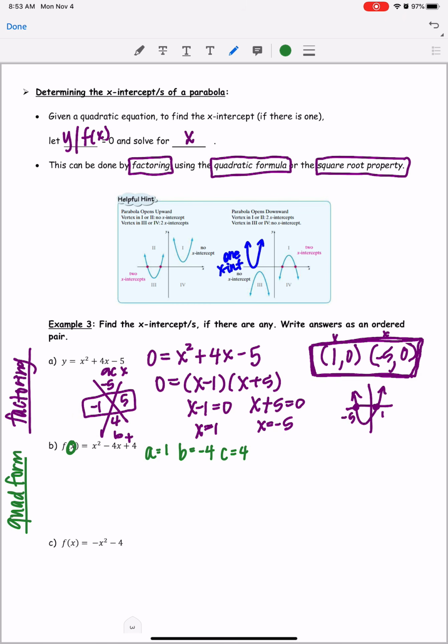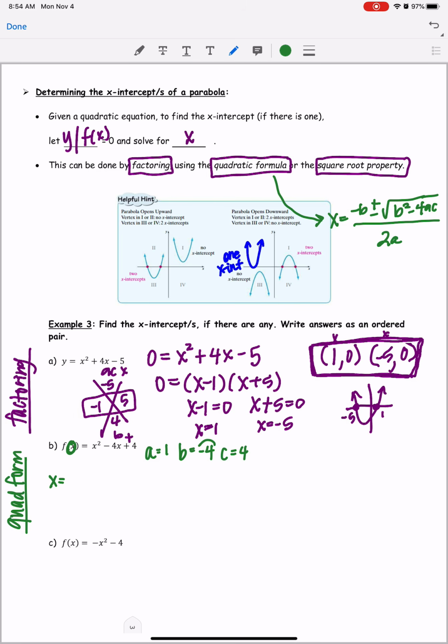Now I'm going to run out of room if I write my formula down here, so I'm going to write it up here. Your quadratic formula is x equals -b plus or minus the square root of b squared minus 4ac, all over 2a. So plug this all into your formula. I've got -b.